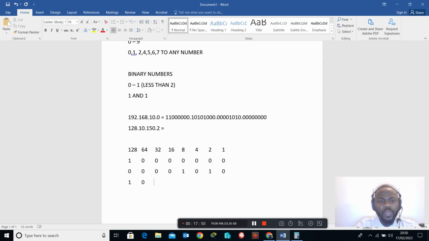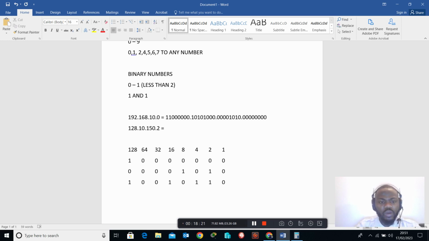This is off. 32 is greater than 22. This is off. 16 is less than 22. So this is going to be on, and we are going to be left with 6. If we take 16 out of 22, we are left with 6. So 8 is bigger than 6, 0. We are left with 6, so 4 is there. So we are going to turn this on, and we are going to be left with 2 now, because 6 minus 4 is 2. And then we have to turn that on, and we don't have anything again.